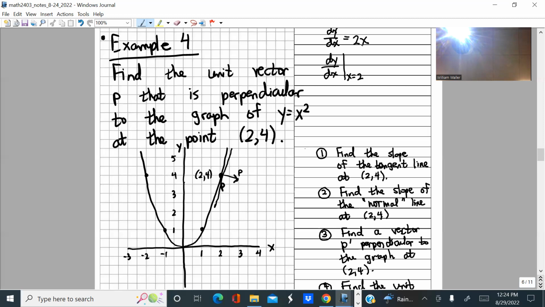The derivative is 2x. So that derivative evaluated at x equals 2 is 2 times 2, which is 4. So the slope of this tangent line is 4. Let's call that m sub 1. So that is 4.